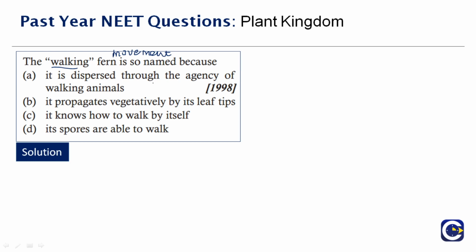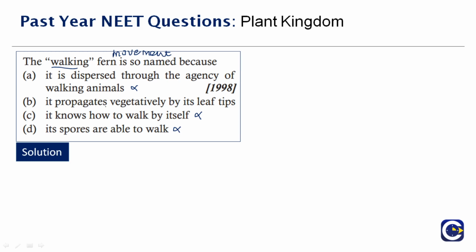It is dispersed through the agency of walking animals. No. It propagates vegetatively by its leaf tips. It knows how to walk by itself. No. Its spores are able to walk. No. As we all know, plants cannot move. They remain static in a place. But propagation is possible.